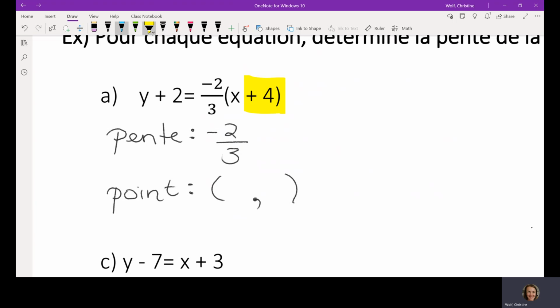Mais, on change le symbole. So, on met un négatif 4. Then, pour trouver les coordonnées de y, tu cherches le numéro qui est à côté de y. So, c'est positif 2, mais je change le symbole. So, c'est négatif 2. So, we pulled out the point. We know the slope. We could very easily graph this. Okay.